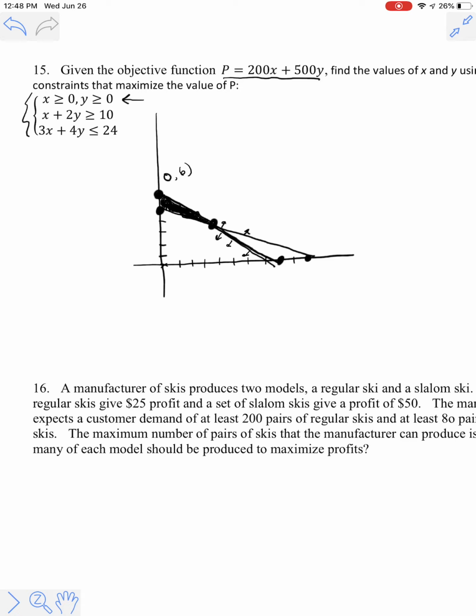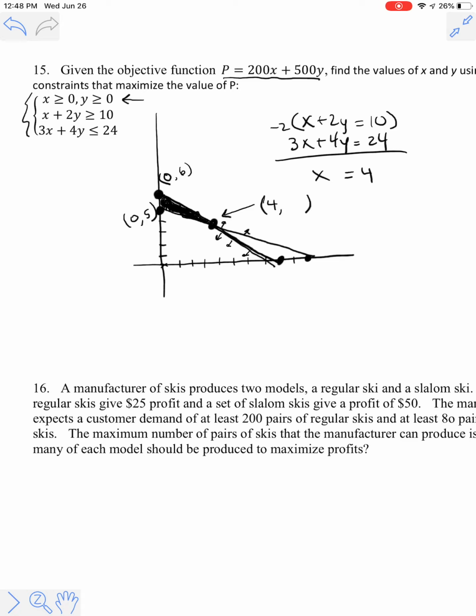So the vertices would be that point, this point, and that point. So I have a point of 0, 6, a point of 0, 5, and then that is the intersection of two graphs, and you can find the intersection of two graphs by solving a system of equations. x plus 2y equals 10, and 3x plus 4y equals 24. So if I multiply by negative 2 and then add, I'm going to get x equals 4.